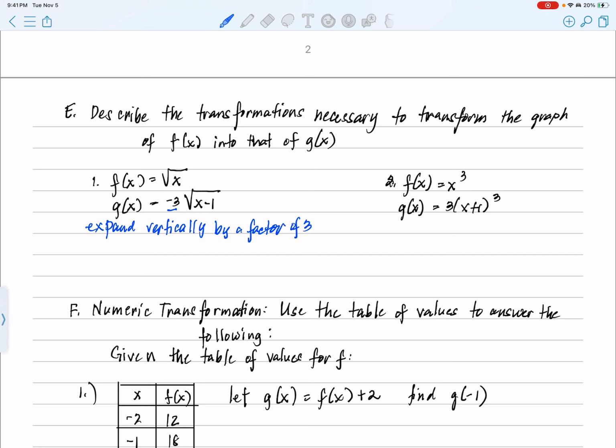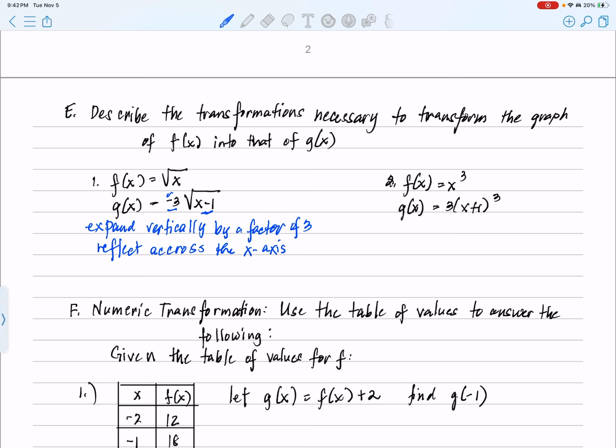And then you can see that negative. What does that negative mean? It's a reflection. It reflects across the x-axis because it's outside the radical sign. Then what happened inside?